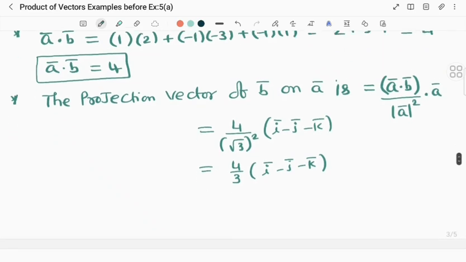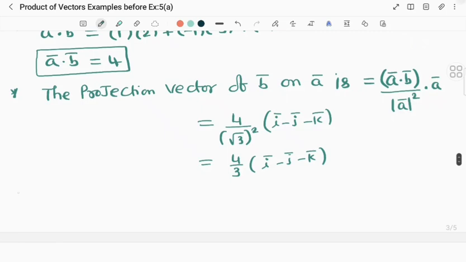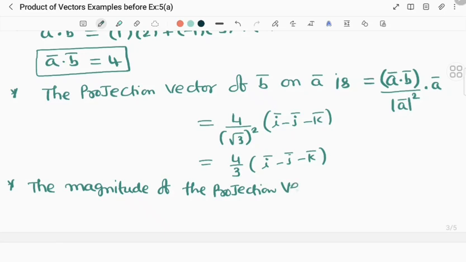So for that also a formula is there. The magnitude of the projection vector is equal to the modulus of A bar dot B bar by modulus of A bar.